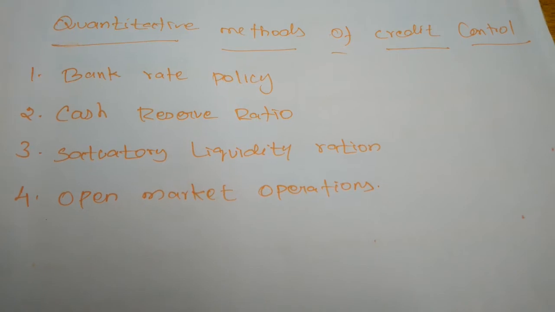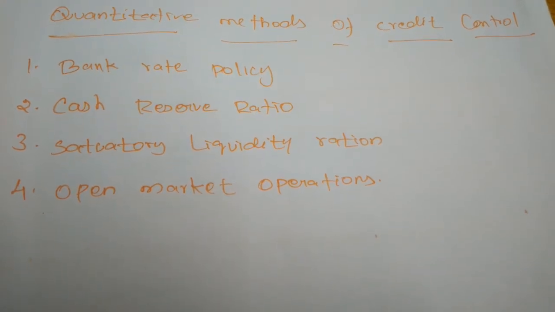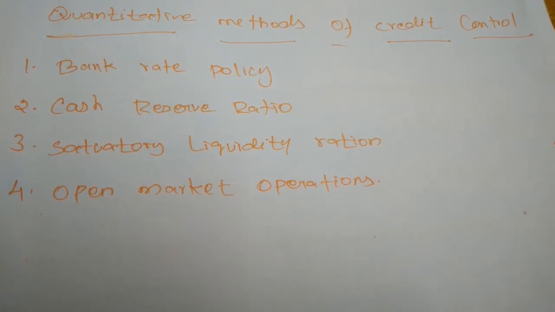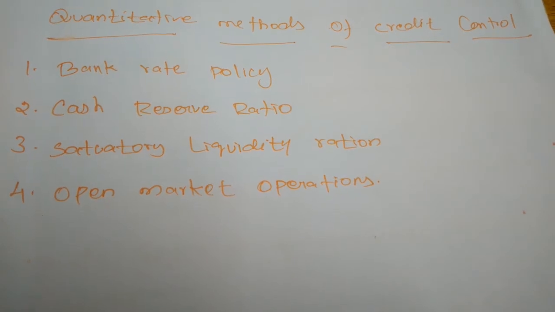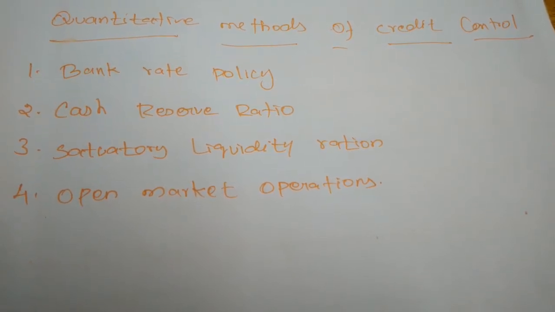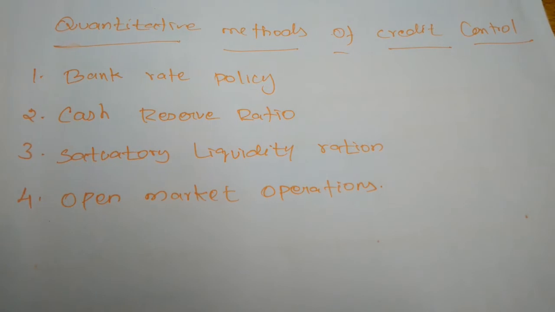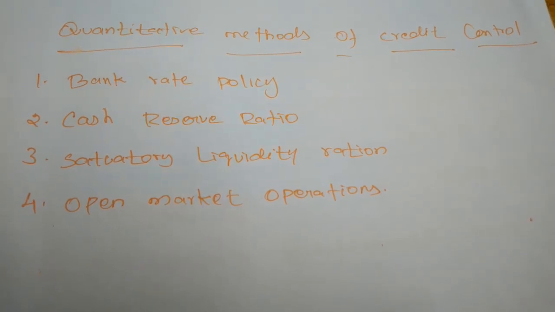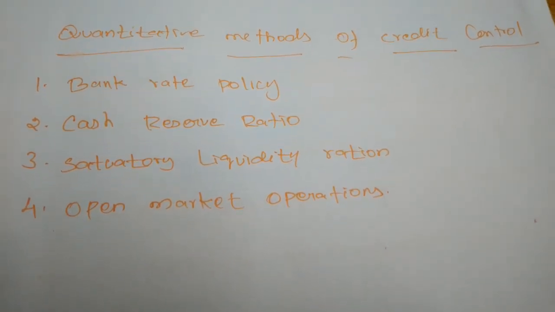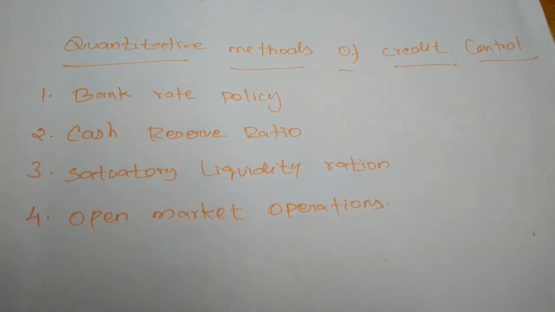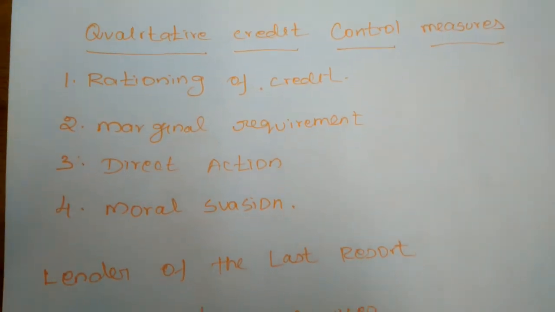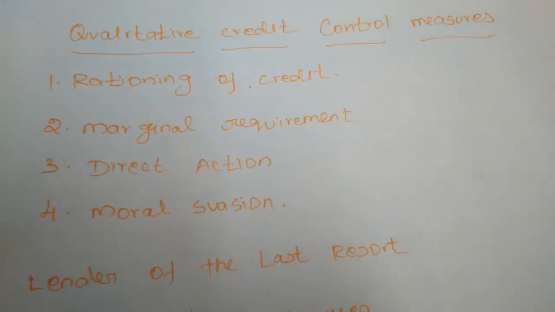On the contrary, in deflation time, it will buy the debentures from the public, and when the Reserve Bank of India buys them, the money goes to the public. Next, the qualitative credit control measures.